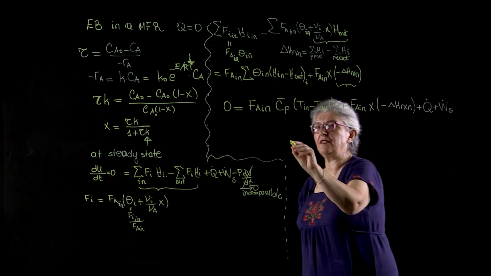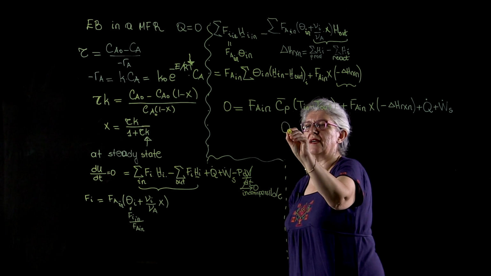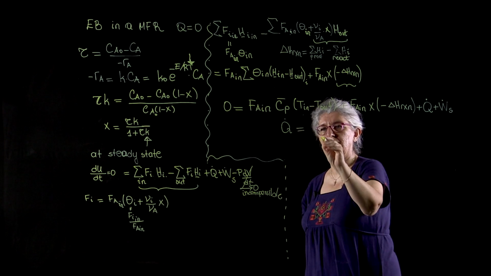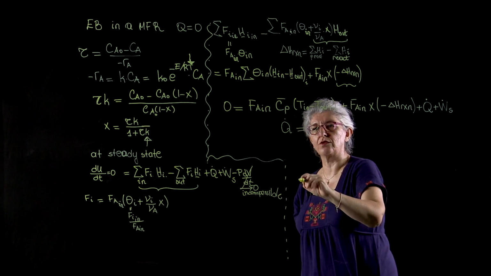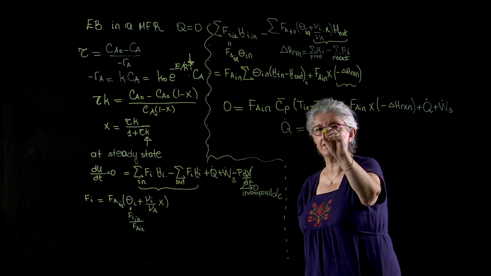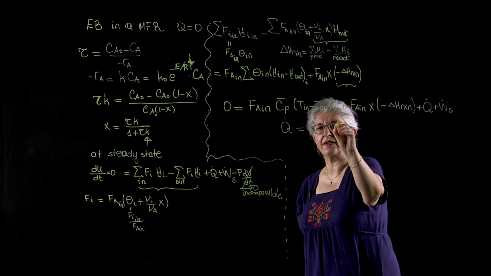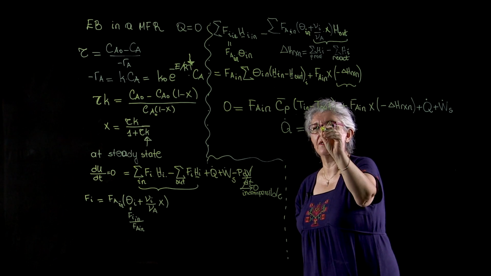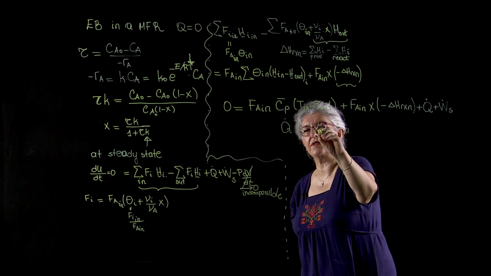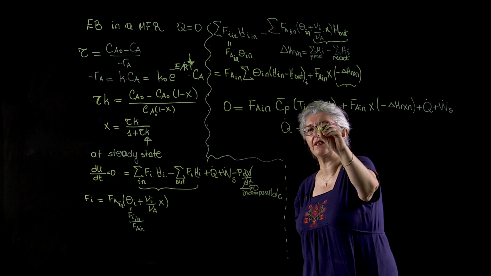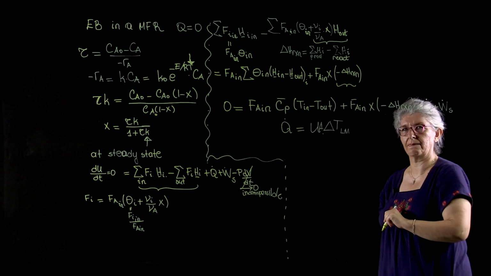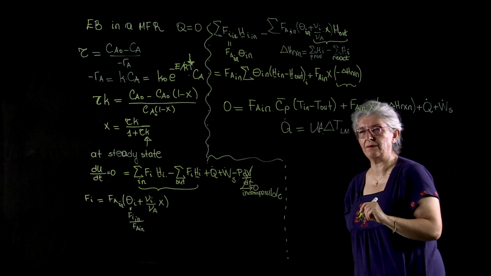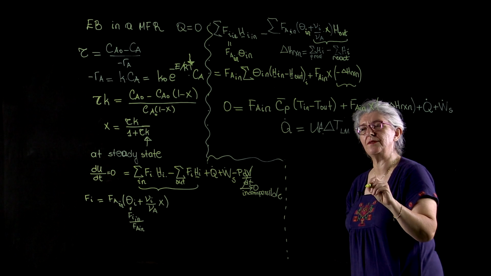For the heat exchange, we might have a heat exchanger with an overall heat transfer coefficient times the log mean delta T and of course the heat exchange contact area A. For the shaft work, we have to know the energy introduced through the impeller.